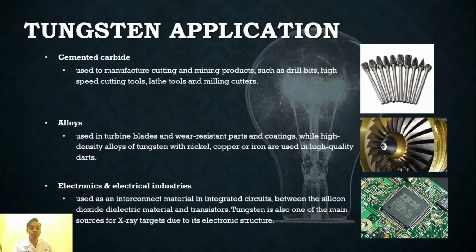And for the electronics and electrical industries, they use it as an interconnect material in integrated circuits, between the silicon dioxide dielectric materials and transistors. Tungsten is also one of the main sources for X-ray targets due to its electronic structure. Interesting, right?